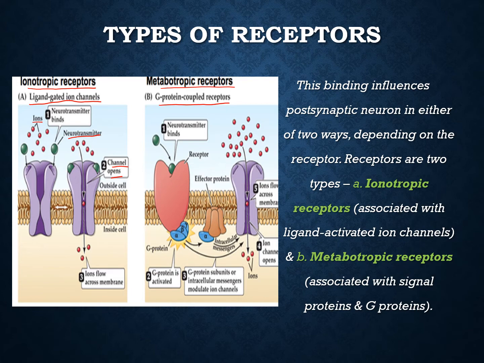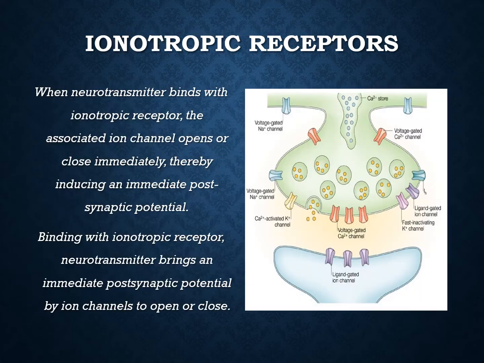Metabotropic receptors are associated with signal proteins and G proteins. In the right-hand side diagram, the G protein is activated, and the entire process is described. Ionotropic receptors: this diagram represents the ionotropic receptors, and you can see the ligand-gated ion channels here.